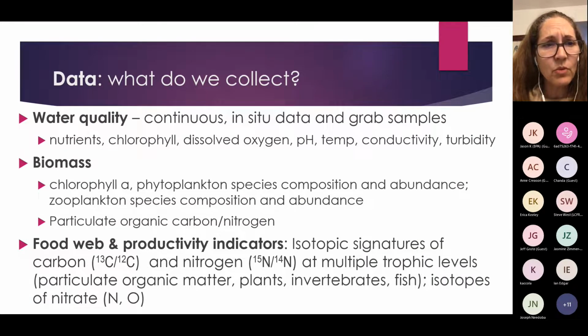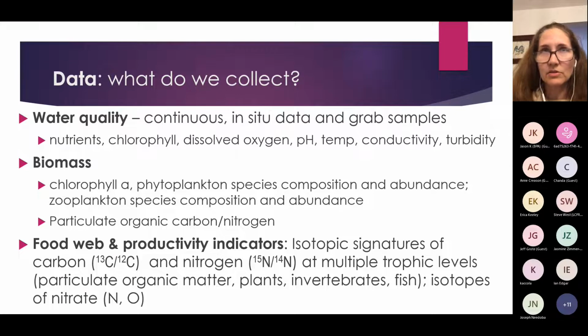The data that we collect: water quality, as Joe was talking about, the continuous in situ sensors that measure things like nitrate and pH, temperature, conductivity, all of that. So that's what the salmon experience. Biomass, that includes chlorophyll, the species composition and abundance of phytoplankton and zooplankton, as well as the particulate organic carbon and nitrogen.